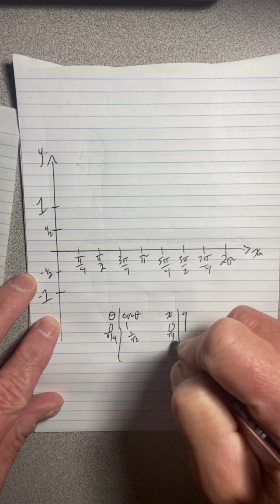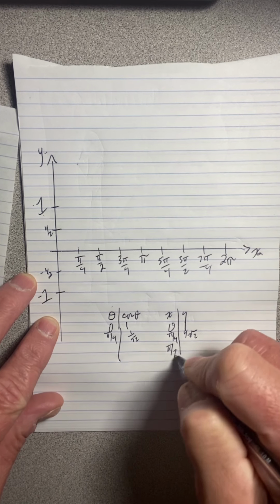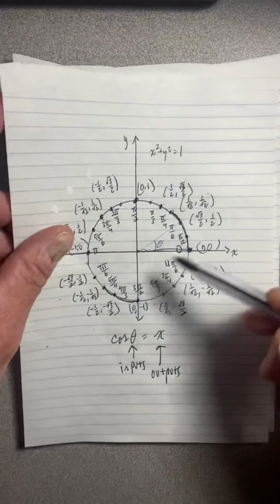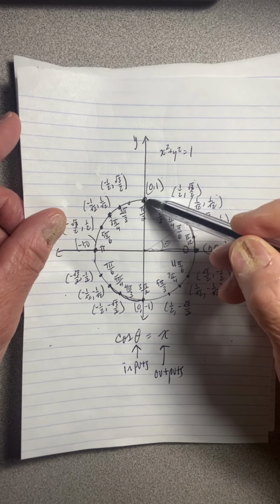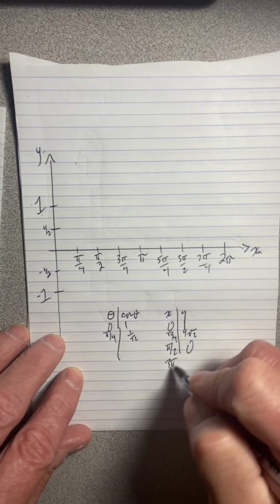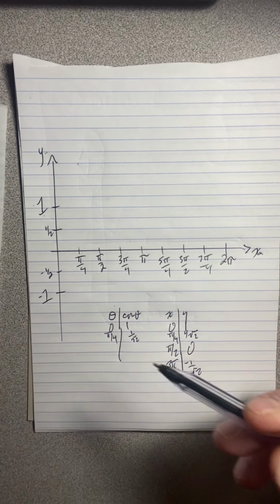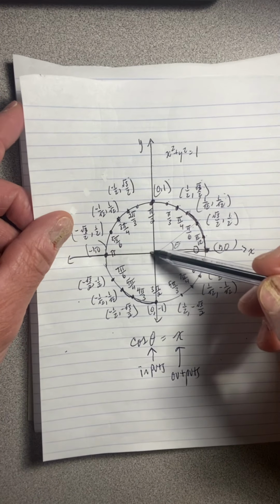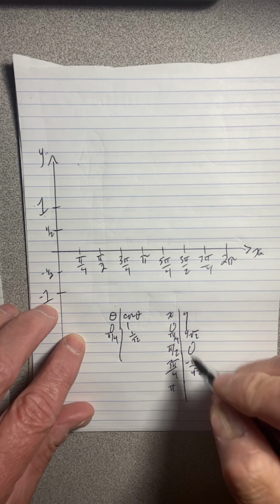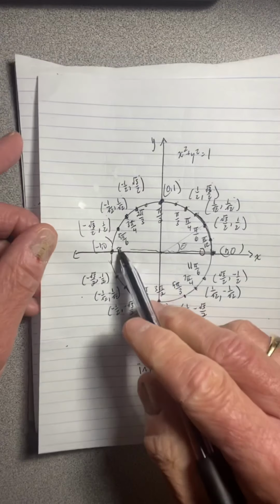And if I put in pi halves, then cosine is 0, because at pi halves, right here, it intersects the circle at the x coordinate 0. And then 3 pi 4s, that's going to be 1 over root 2 again, except that it's negative because here's 3 pi 4, so you have to go to the left, so the x coordinate is negative. And then at pi, it's going to be negative 1, because here is pi radians, and it intersects at negative 1, and so forth and so on.